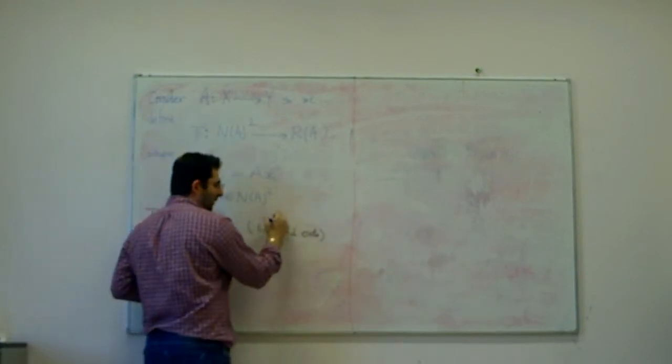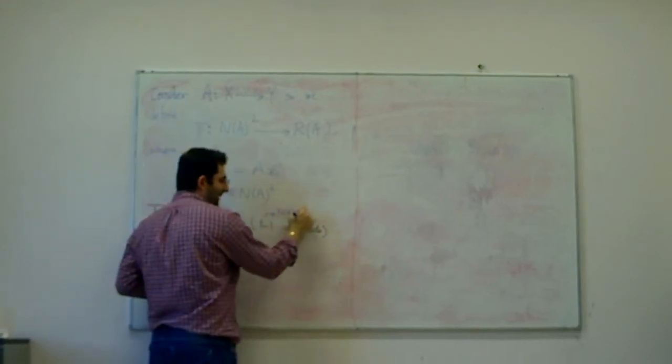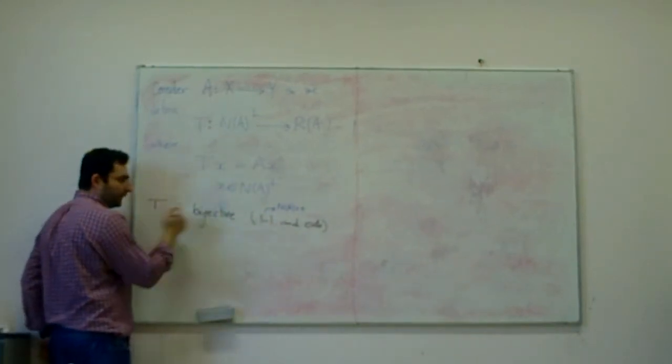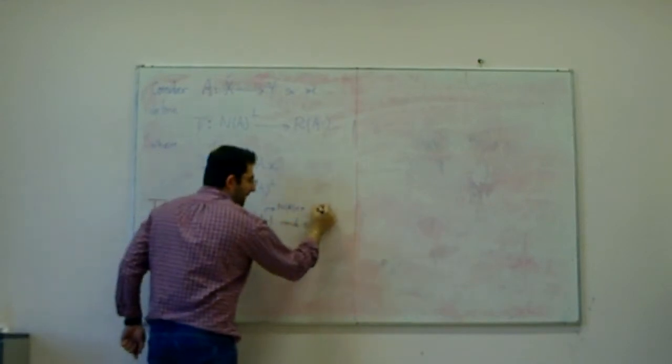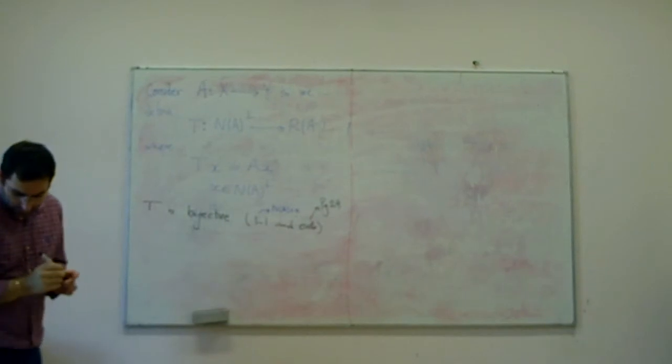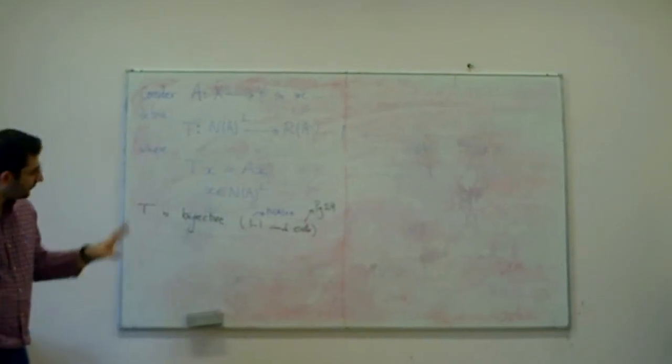In the book, it has proved for us why it is onto, but we know that it is one to one because the null space is equal to 0 definitely. And I have noted in my notes the proof of onto. Check page 24 of our book. But the proof is not very important. So T is one to one and onto.